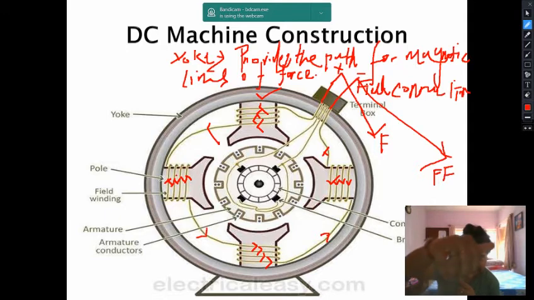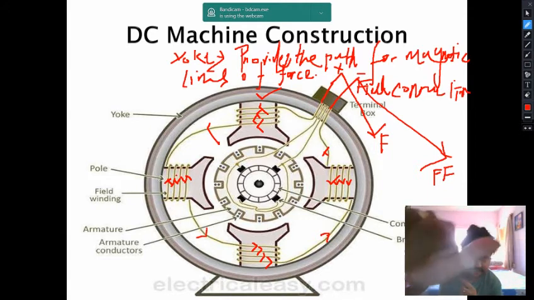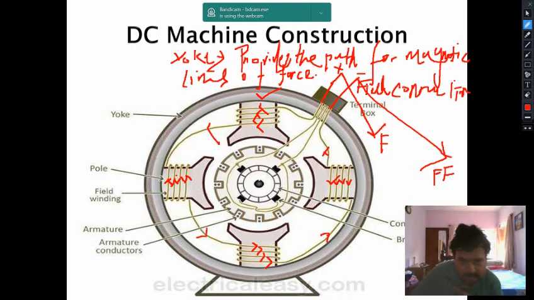That means it will be like this, and the direction of your curling fingers will point downwards. So your field will be in the direction of the curling fingers, that is downwards.